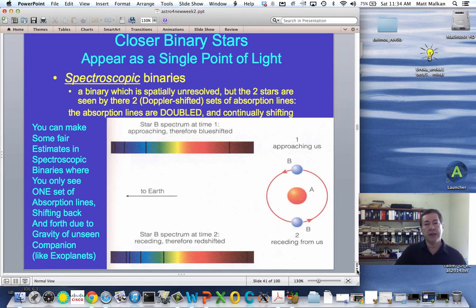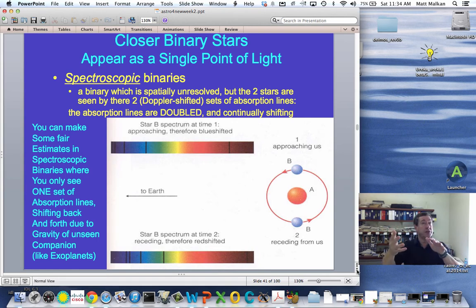We can spread the light out and look for the absorption lines in what looks like a single star, and if it's actually the combined light of two stars, we are going to see what? We're going to see two sets of absorption lines from the light of each of the two different stars. There'll usually be similar absorption lines.